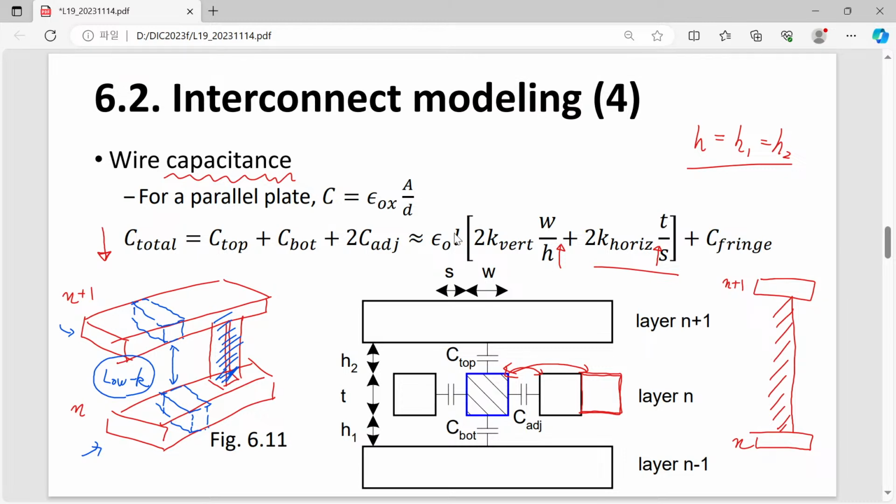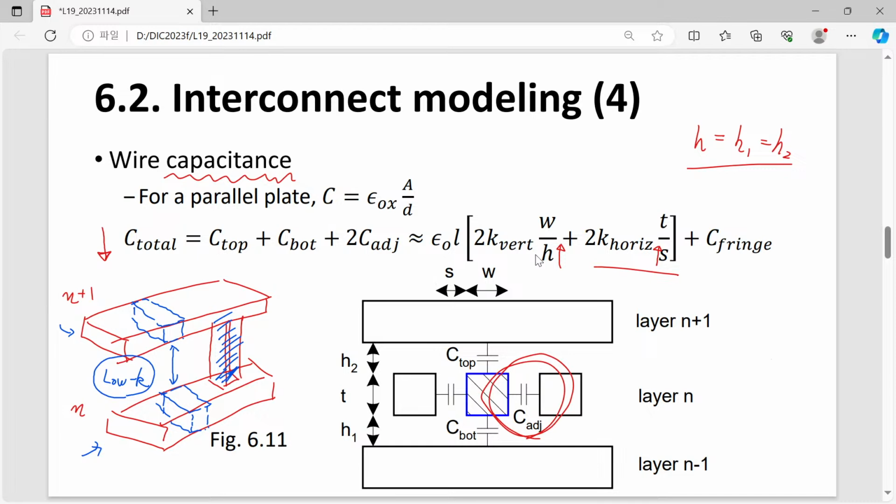Since you wanted to introduce as much capability as possible into a small area of your silicon chip, you cannot give up this distance. So there is a certain kind of constraint. Usually this width or spacing, these lateral ones, is really difficult to increase.